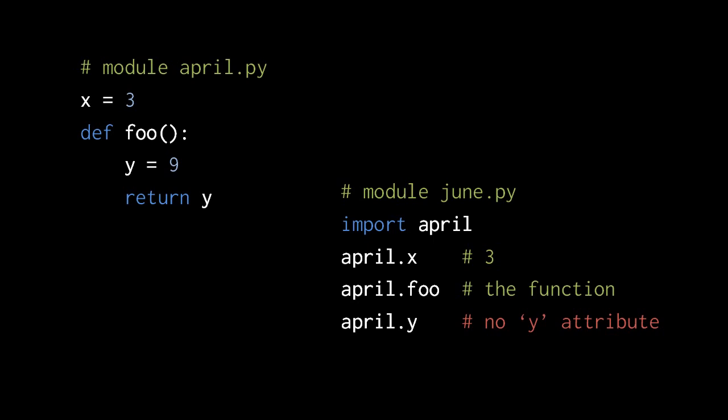In the module June, the name April is being assigned the April module object. So then in the next line, when we write april.x, that returns 3. And if we write april.foo, that returns the function foo defined in April. If, however, we write april.y, well, the April module has no y attribute, so this will throw an exception.